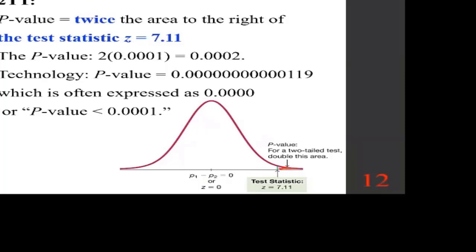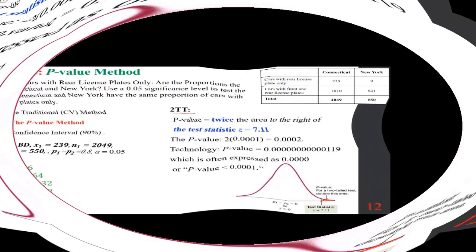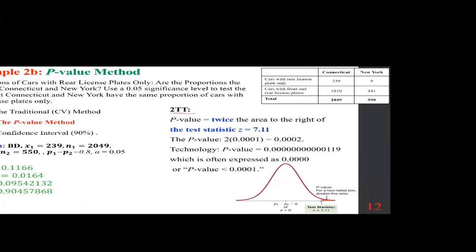And why are we multiplying it by 2? Because it's a two-tail test. It's extremely small. If you look at the technology, it's almost zero. If you look at the table, beyond 3.5, it goes with something like 0.0001, which times 2 is 0.0002, which is clearly less than alpha of 0.05.